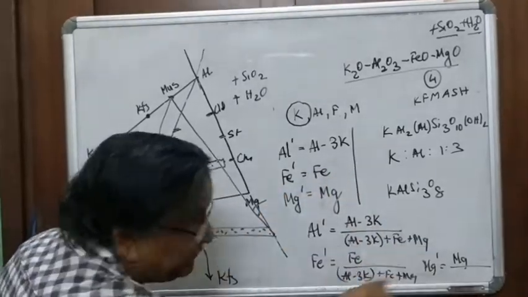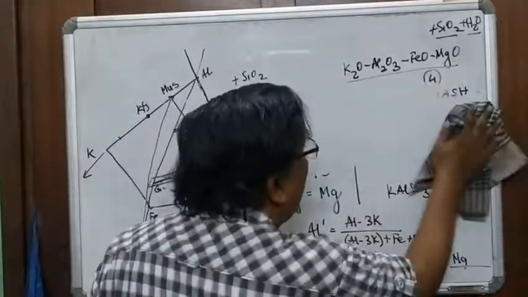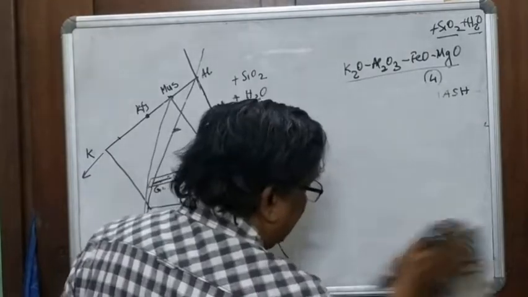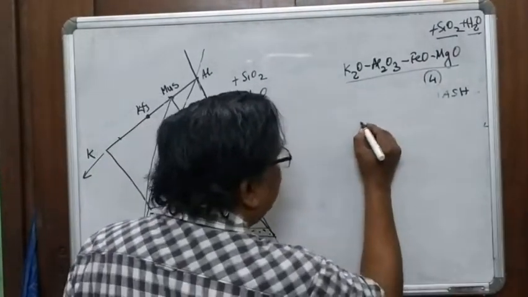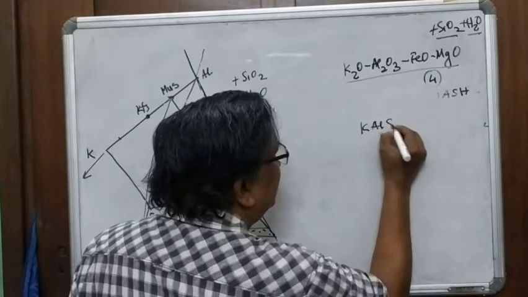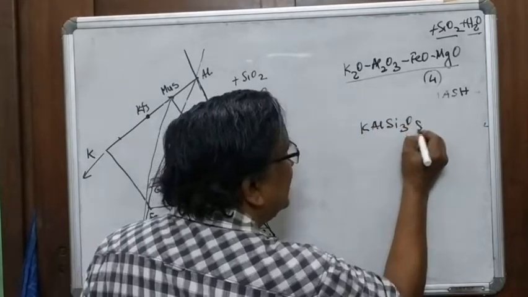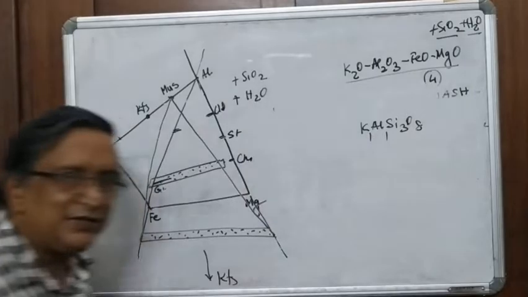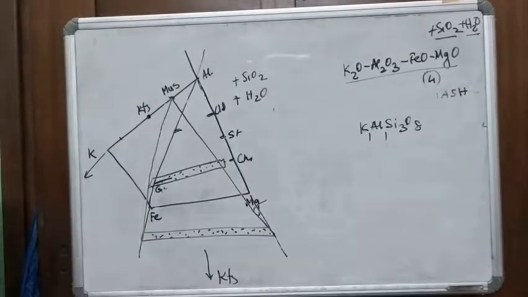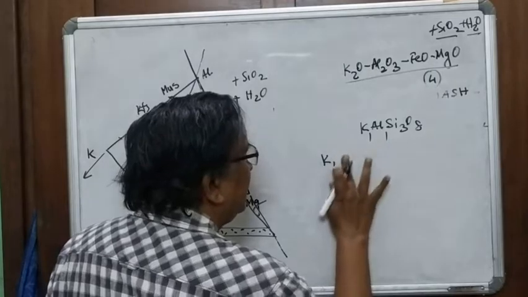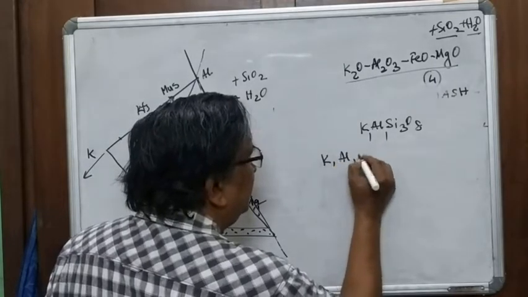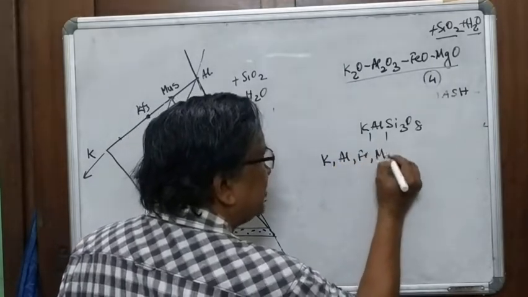This is the formula for muscovite. So what is it for K feldspar? KAlSi3O8. Potassium to aluminium is 1:1. So the original was Al, Fe, Mg. That was the original.